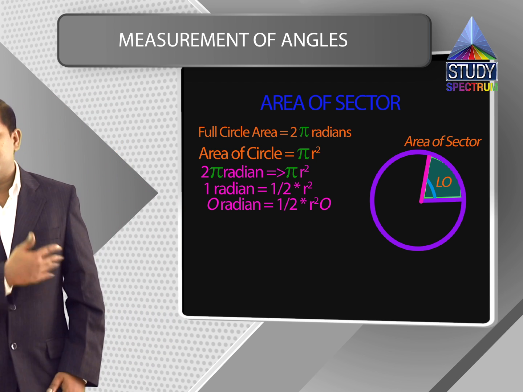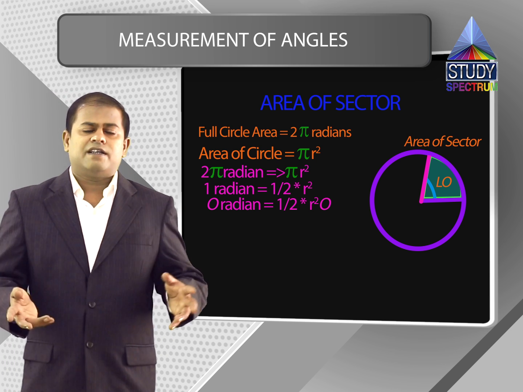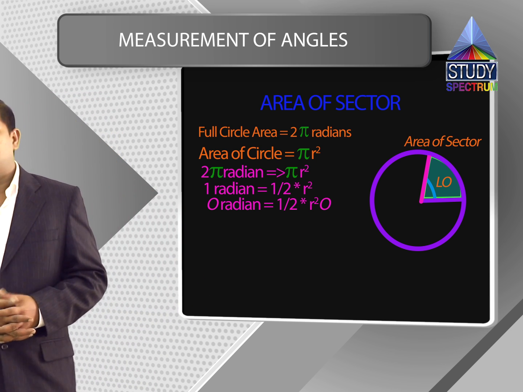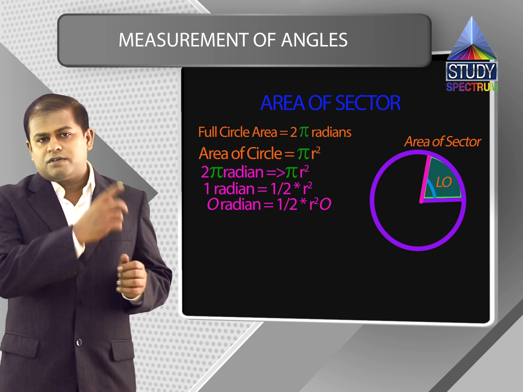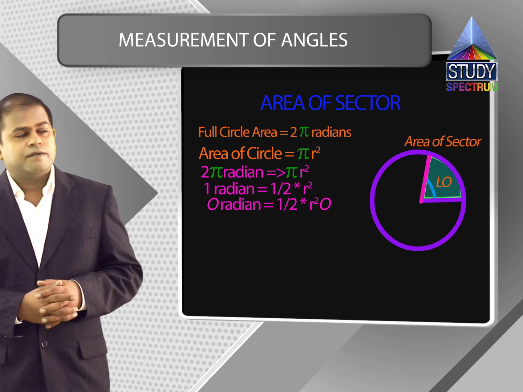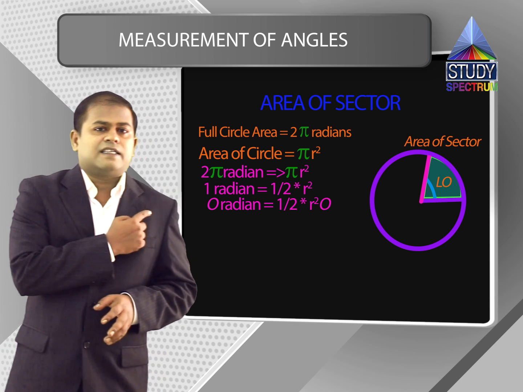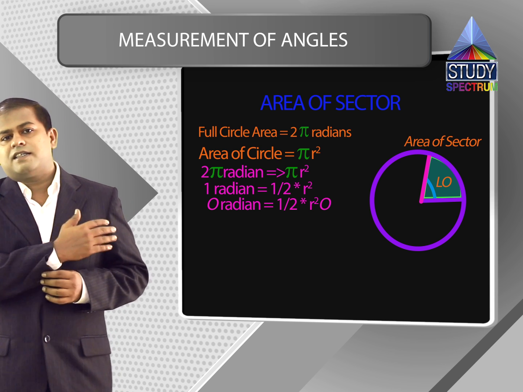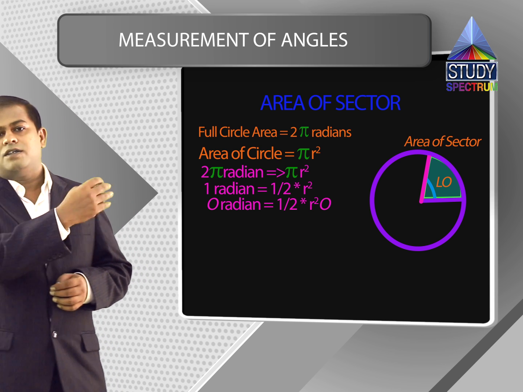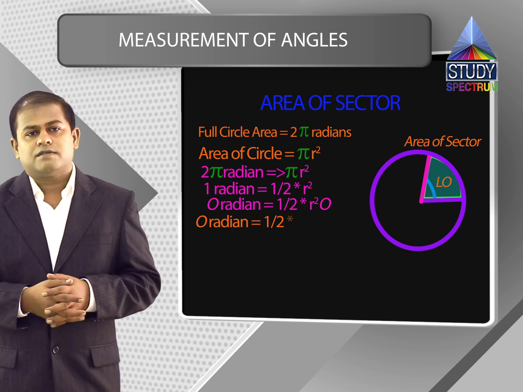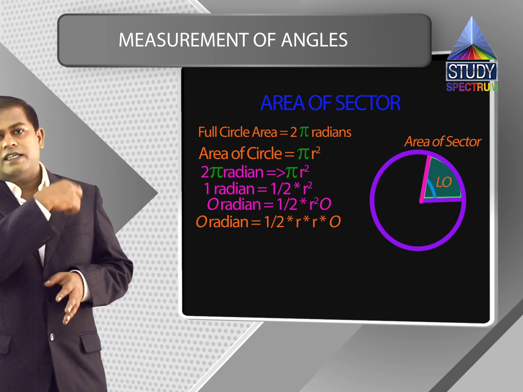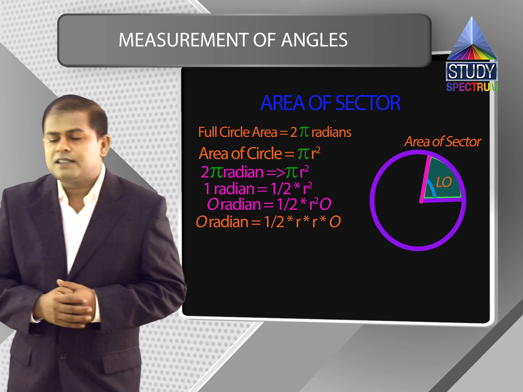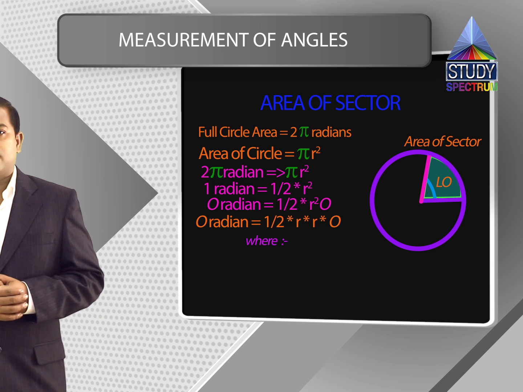Now let's rearrange the terms and see if we can relate the area of a sector and the corresponding length of arc. Area of sector is half r square theta. Let's rearrange it and write it as half r into r theta. Now what is this quantity r theta? R theta is the length of the arc.